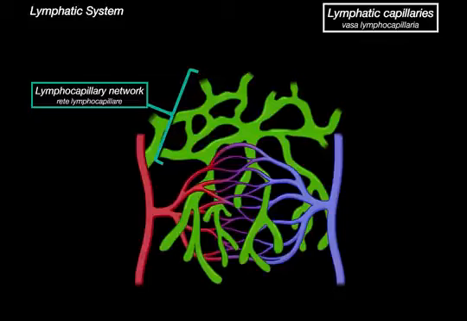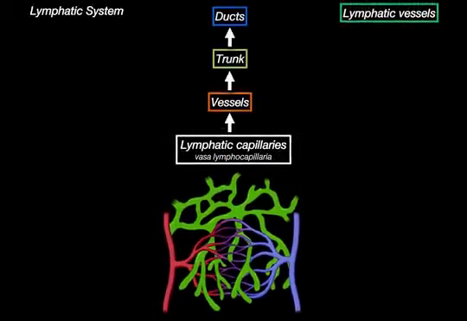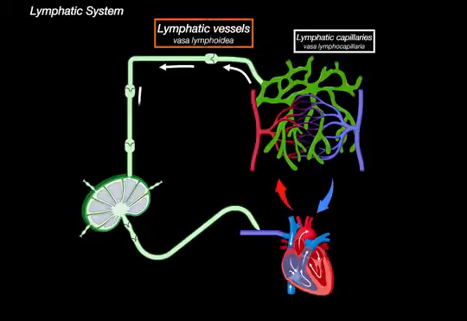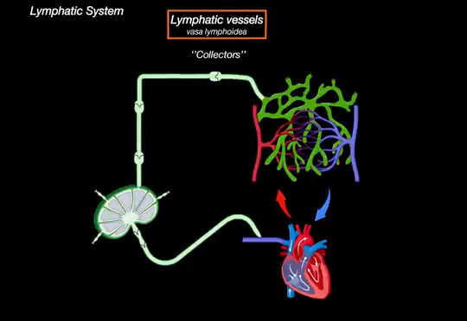In the small intestine, the lymphatic capillaries run within the core of each intestinal villus to allow absorption of dietary fats. From the lymphatic capillaries, lymph drains into larger lymphatic vessels. These vessels are thin-walled and contain valves that maintain forward flow, preventing backflow of lymph. Because they collect lymph from the tissues, these are often called collectors.